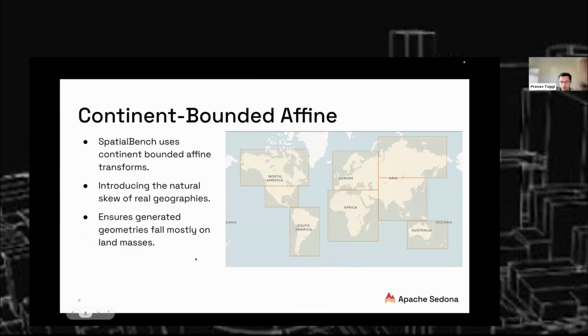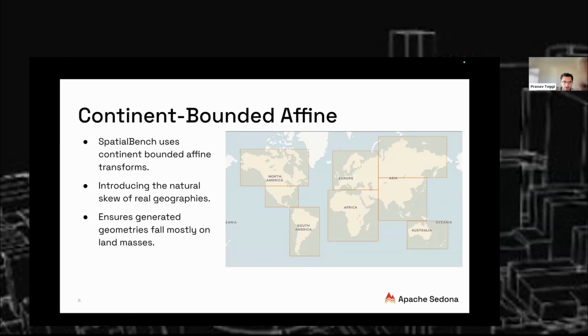Okay, so the way the data gets placed on the actual planar map is that we use something called continent-bounded affines. What that means is it's trying to restrict all the geometries that get generated onto the land masses and the major land masses where generally a lot of settlements are.